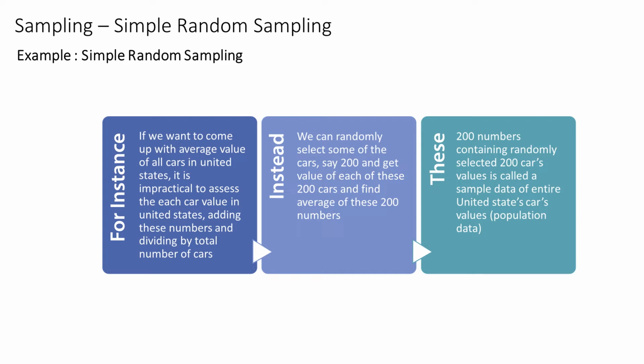A lottery system might be an example of an area of focus for simple random sampling. Another example of this type of sampling might be applied if we wanted to find the average value of all cars in the United States. Random sampling is less time-consuming and economical in nature, but there is a higher chance of bias, and it is often difficult to get a good representative sample.